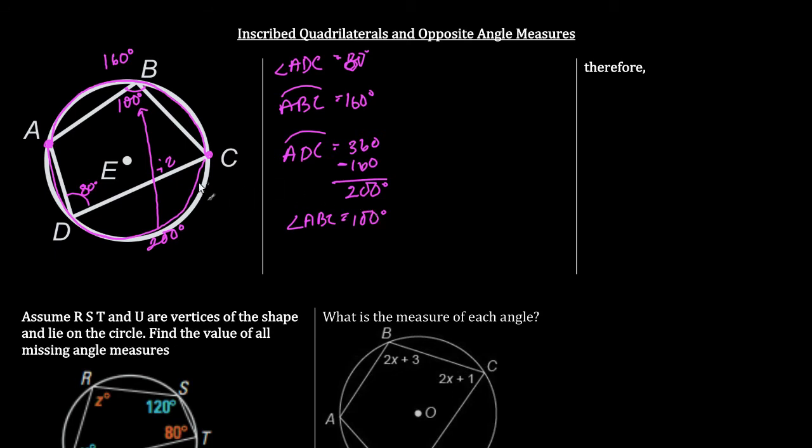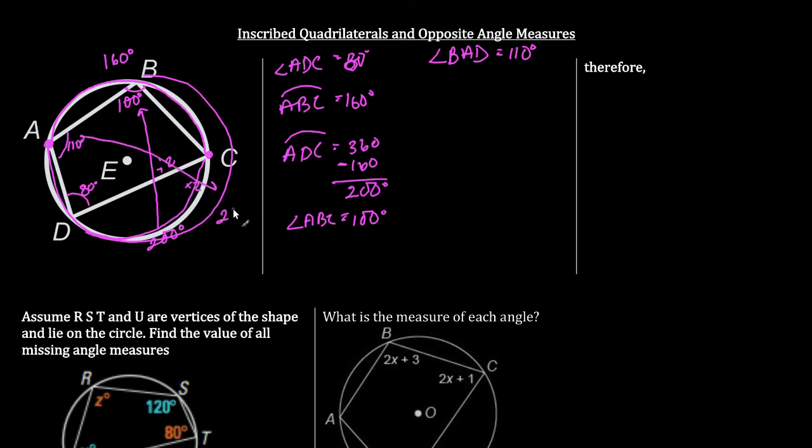Now, I'm going to give you another angle. Let's say this, angle BAD, is 110 degrees. It looks about that. It's a little larger than 90 degrees, right? That means this arc, remember, the intercepted arc is twice as much.